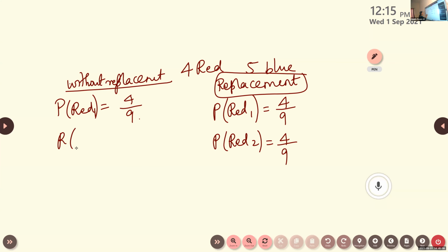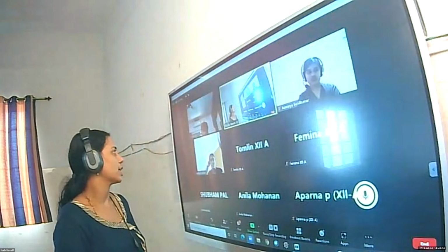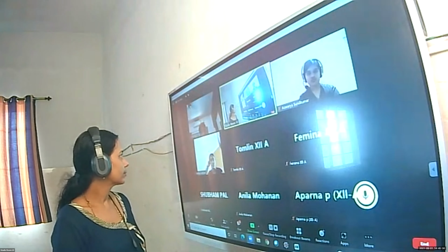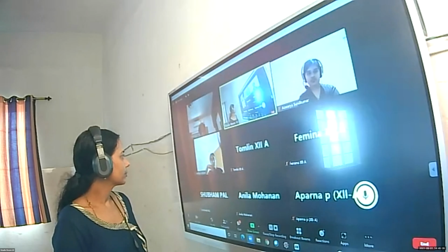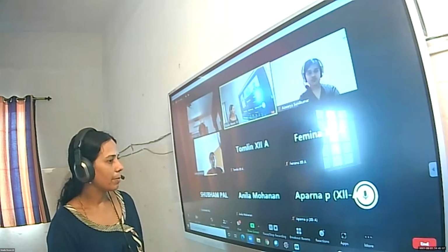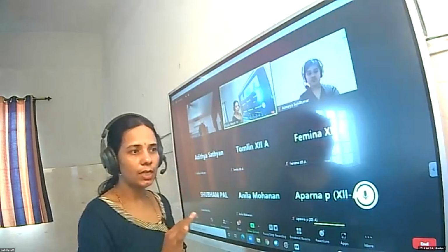What is the probability of selecting the second red ball? Now the total number of balls will become 8, isn't it? And red balls will become 3. Is it clear? So if we are doing it without replacement, every time after each draw, the probability will change. Is it clear, children? Is it okay, Aditya? Yes, ma'am. Aparna? If we are doing it with replacement, the total number is not changing.